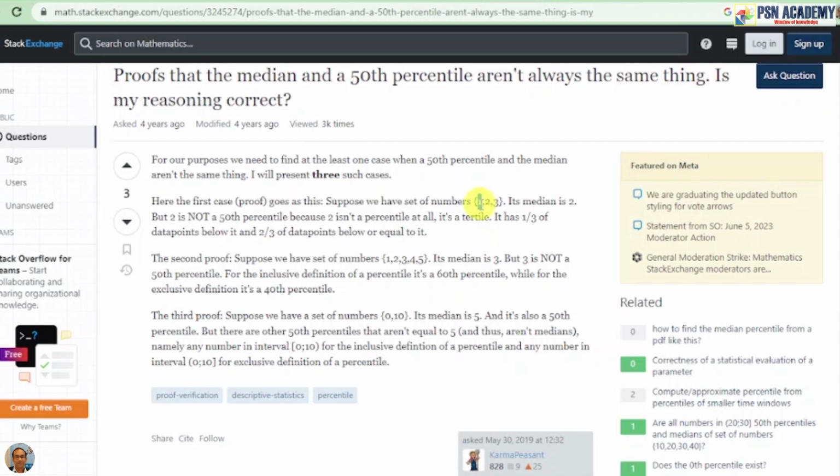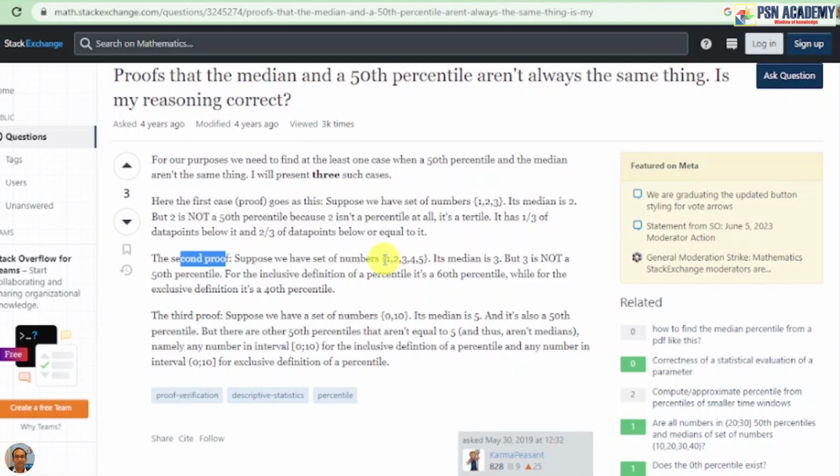And this 1 is actually 1/3 of the total count of the data points. So he is correct. But you see that it has 1/3 of data points below it, that means below 2, and 2/3 of the data points above or equal to it. I'm sorry, I think it will be above or equal to it, right? Well, we go to the next proof, that is the second proof he is presenting.